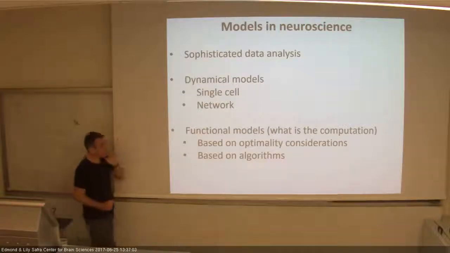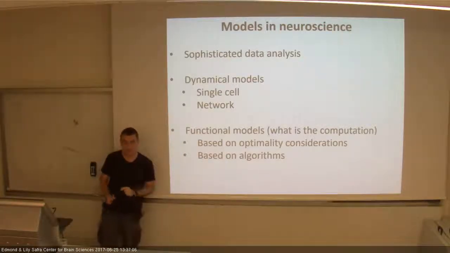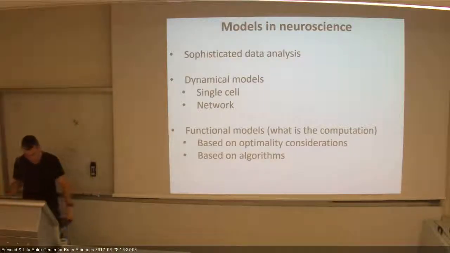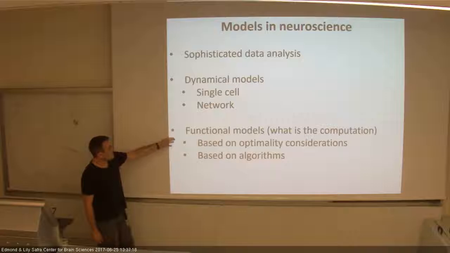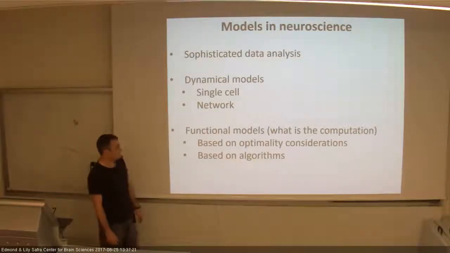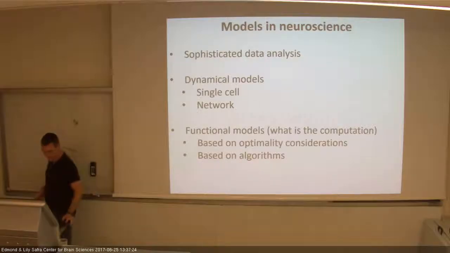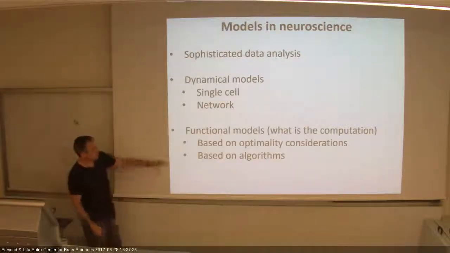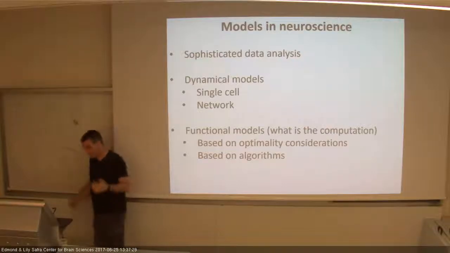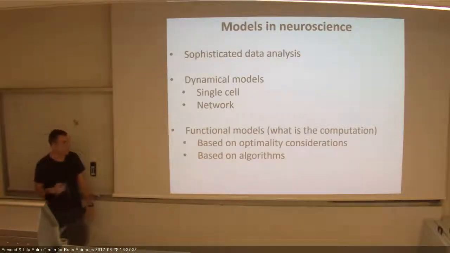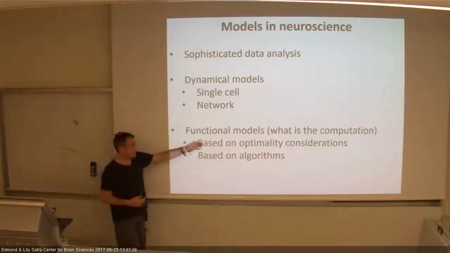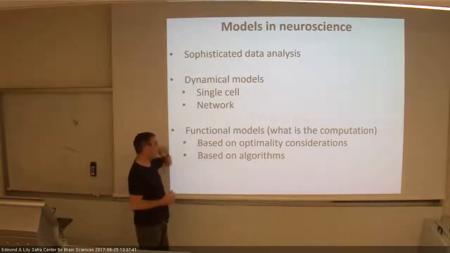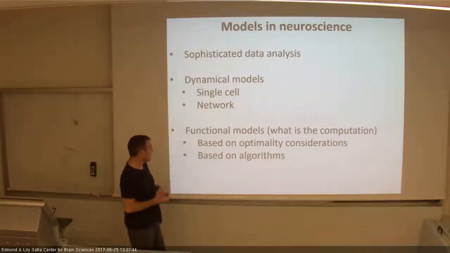When we talk about functional models, this is something completely different. Here what we do is we think about the brain as a machine that computes things. So this is where neuroscience is special and different from physics. So we think that the brain is computing, and often we think about what's the optimal way of solving a task, what's the optimal way of performing a computation, and then we compare these optimality considerations to what we think that the brain actually does.